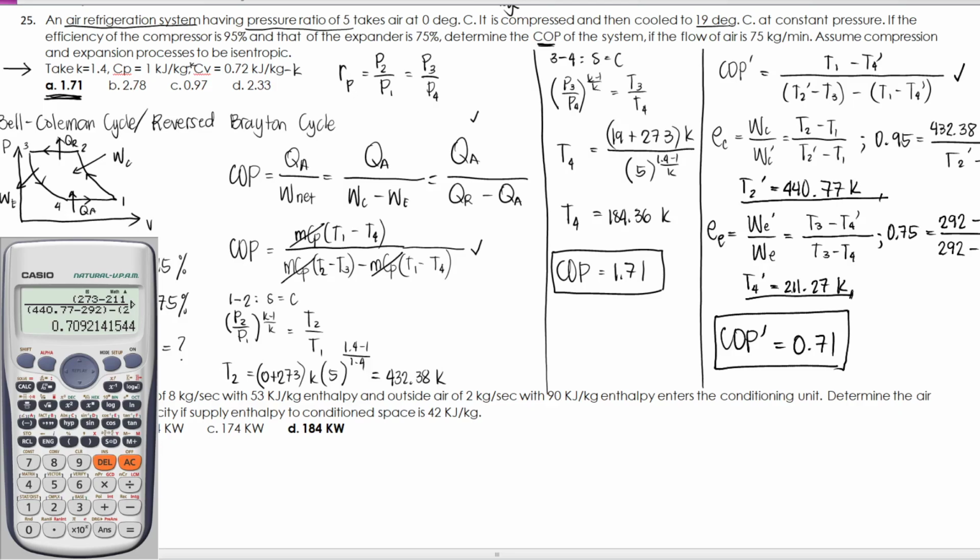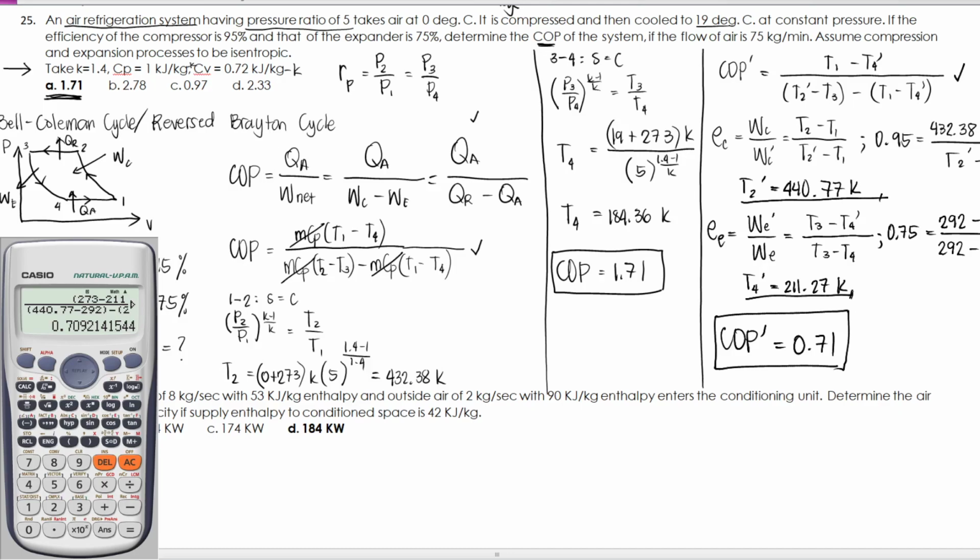Okay? If ever na pareho ay nasa choices, well, itanong na lang sa proctor or sa examiner kung alin ba talaga ang hinahanap. Alright? But again, theoretical or actual, so ganito yung ating analysis ng COP of reverse Brayton cycle.